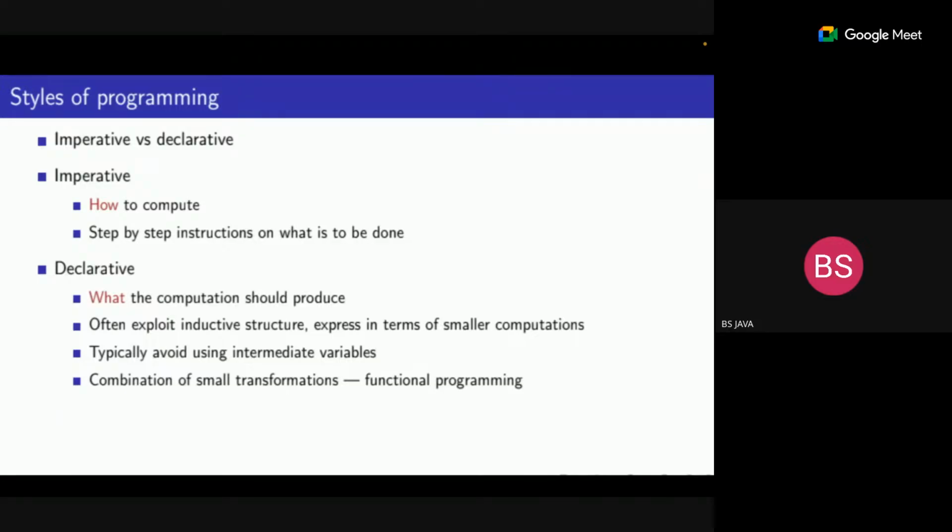So basically, it's a combination of small transformations, like in Python, you might have a map function, filter function, etc., which takes some function and a range of values, does something on it, and gets the output, right? So declarative style mainly focuses on what the computation should produce. This is the theory part. I'll come to a programming example.